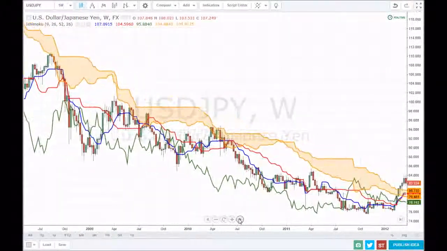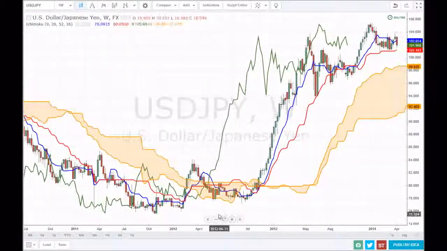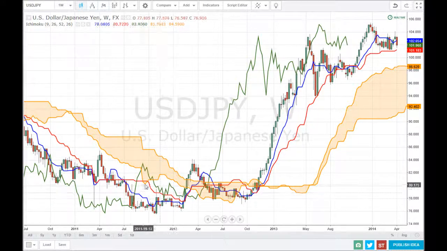So let's carry on following this indicator and price. We have a clear break here. So we would have gone long there. And then we have another clear break here, so we would have gone short there.